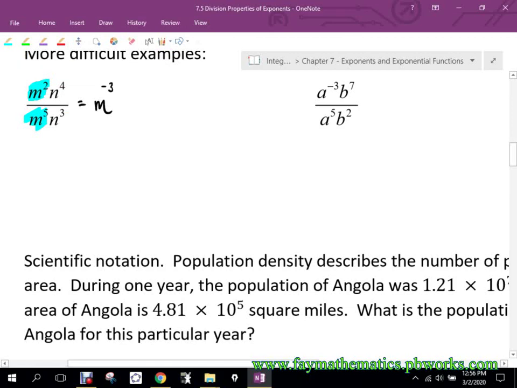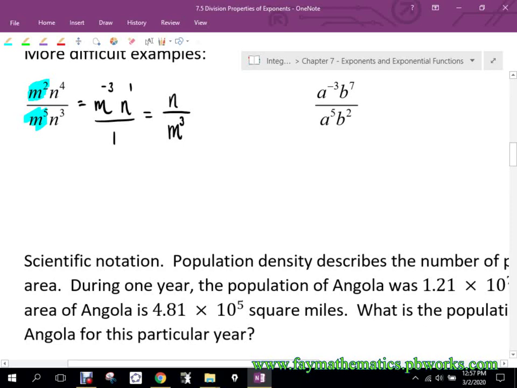So how many n's will I have? N to the 1st. Now do we prefer that format? No. So how am I going to write this? So it'll be 1 over m to the 3rd, n to the 1st. Okay, so m to the 3rd goes in the bottom. Where does n to the 1st go? It stays up top. Yep.